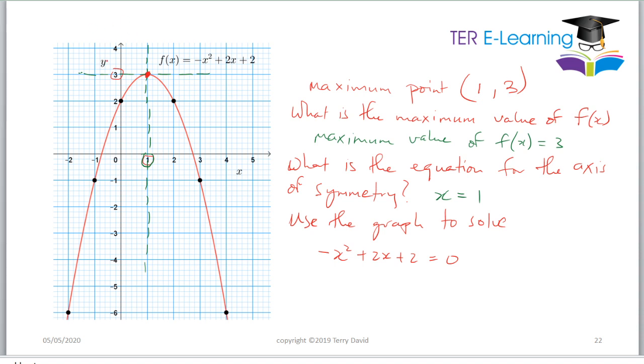Just to make sure you all are seeing, this is my y-axis here, and my x-axis is this line here. This line here is my x-axis.